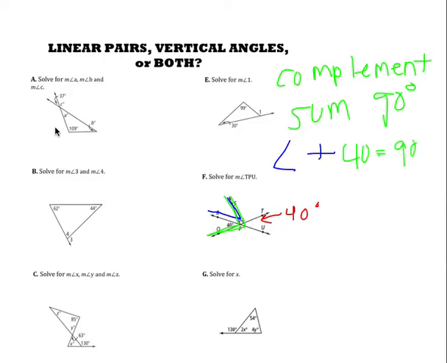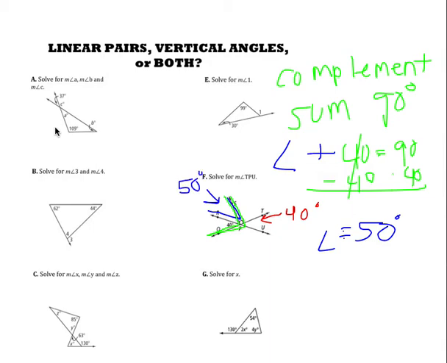And you want to do your algebra, solve backwards, so subtract 40 from both sides, and you get that the blue angle is going to be equal to 50 degrees. So now we've solved using a different pair that we know from our angle pairs activity and our lesson notes that this blue angle is going to be 50 degrees.